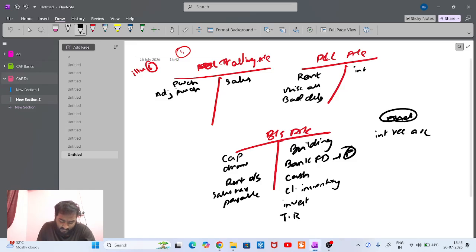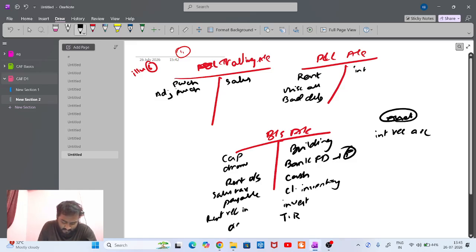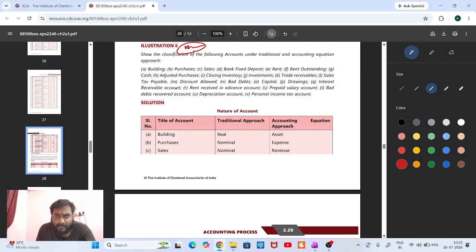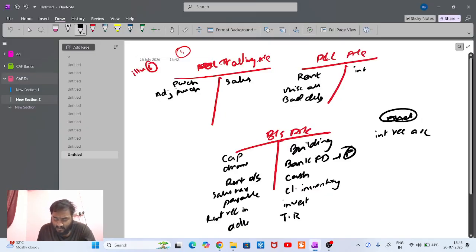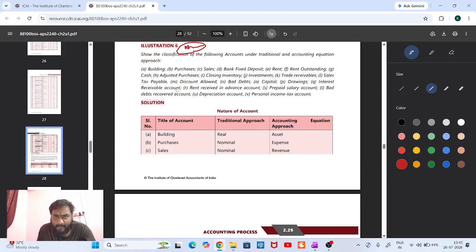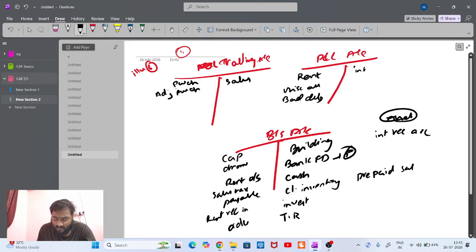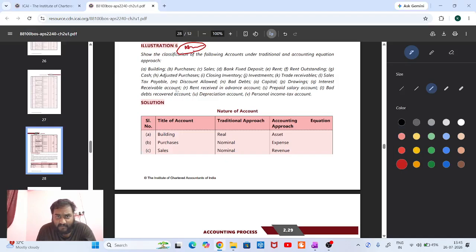It is a liability. Prepaid salary account. We paid salary in advance. Bad debts recovered is an income for us.